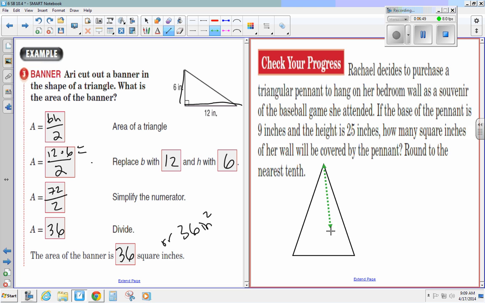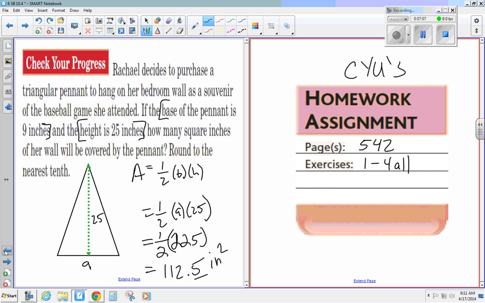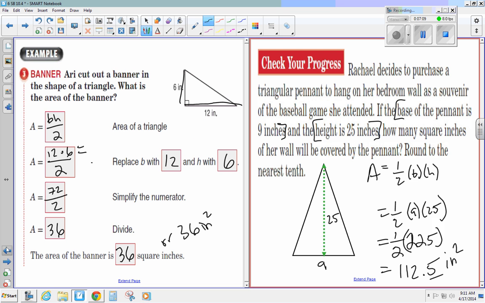So from here down to here is 9 inches. Oh, I'm sorry. Sorry about that. We kind of jumped around a little bit.